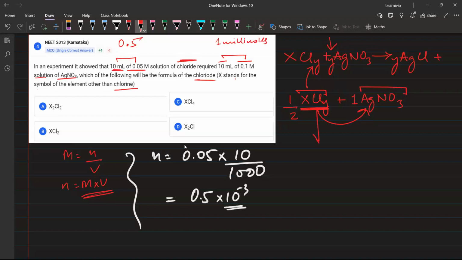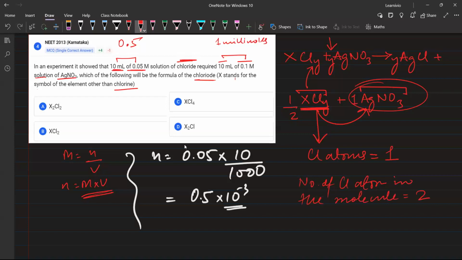That means from this half moles of chloride, how many chlorine atoms will we get? The chlorine atoms that we will get will be equal to 1. Does this make sense? Because it is reacting with 1 mole of AgNO3. And with half moles, I'm going to get 1 chlorine atom. That is why the number of chlorine atoms in the molecule will be equal to 2.